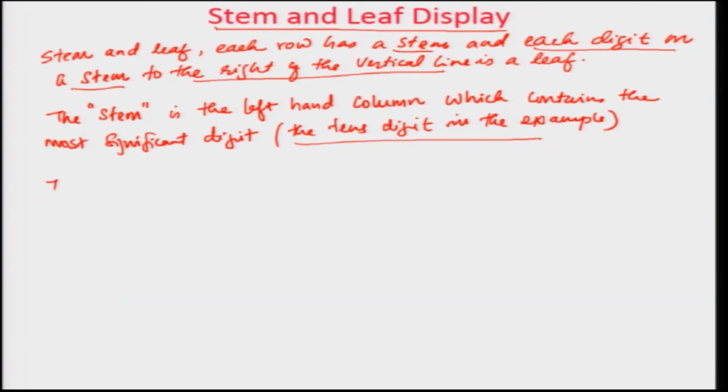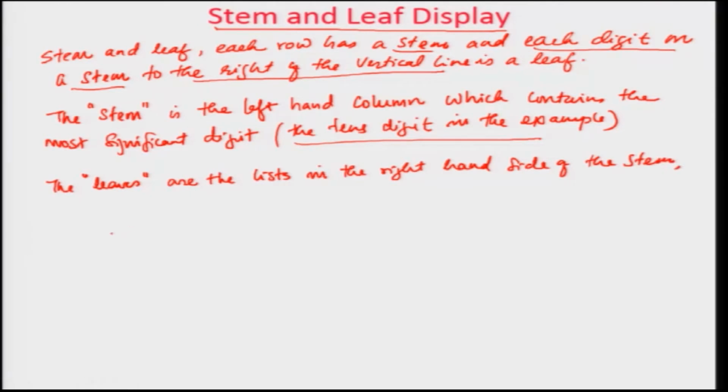The leaves, these are general rules. The leaves are the lists in the right hand side of the stem, showing all other digits of the stem.